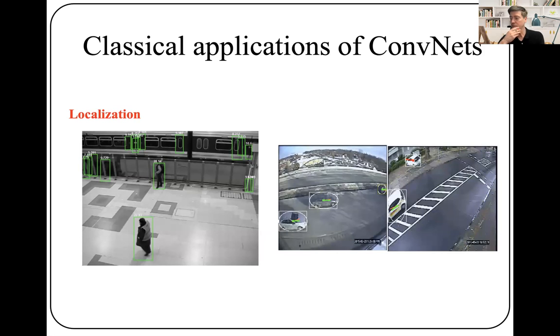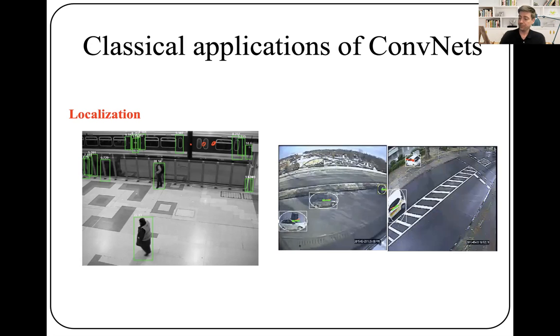So in localization, it's a little bit different. It's a little bit similar to segmentation, but different in a sense that we are given an image, but instead of predicting the class at every pixel, what we want to do is detect some possible objects in the image. And on top of that, we want to be able to predict where these objects are in the image.